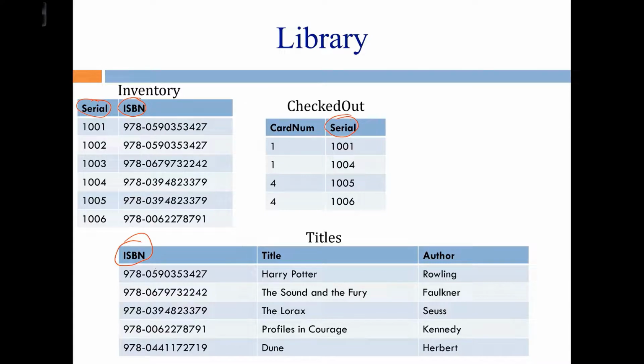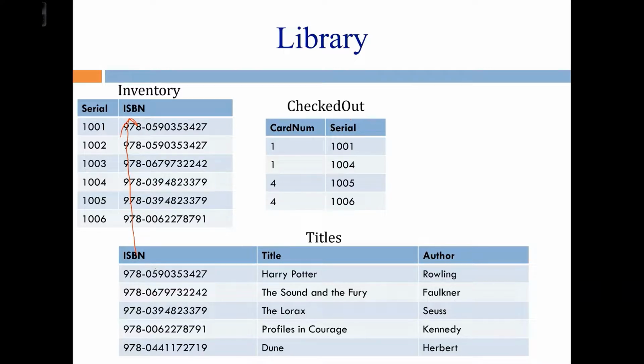So there is a way to link these 3 tables together, but if I start on titles, I can't go straight to checked out because there's nothing in common. Checked out doesn't have an ISBN or anything that I could use to compare for the join. Similarly, if I started on checked out, I could not go straight to titles. So if, let's say, I start on titles, then I have to go up through the inventory table first.